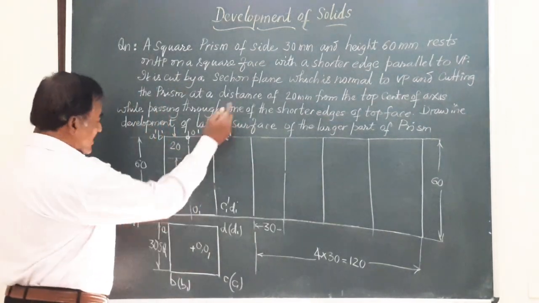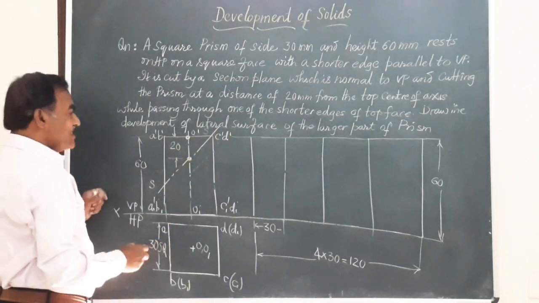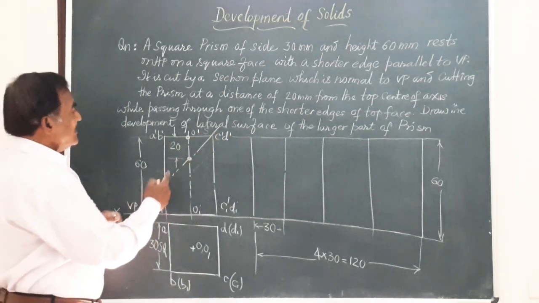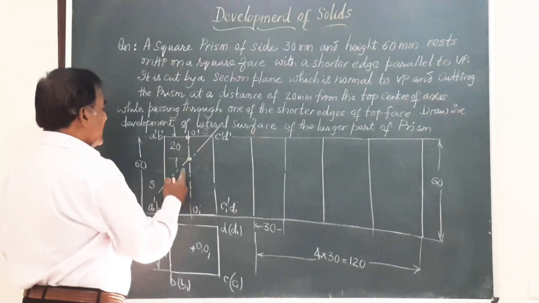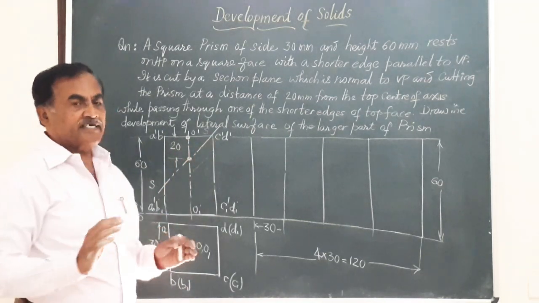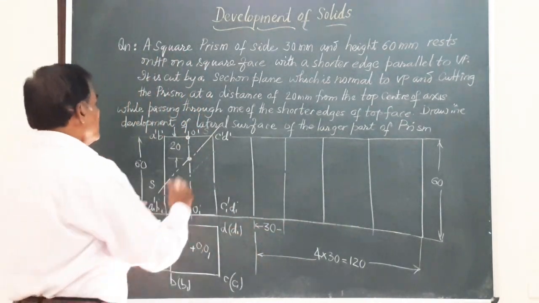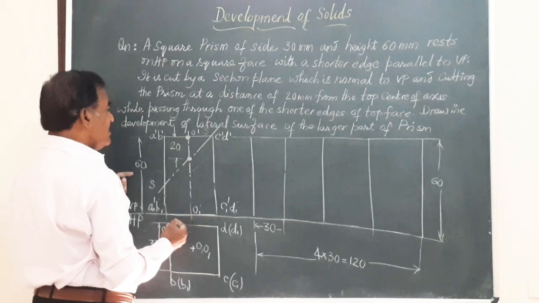Friends, the section plane, XY, is cutting the solid along the axis, and it is also passing through C dash D dash, which is one of the shorter edges of the top face. Now the section plane I have marked as SS.